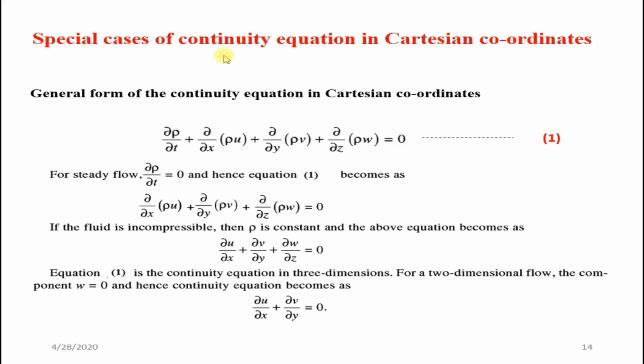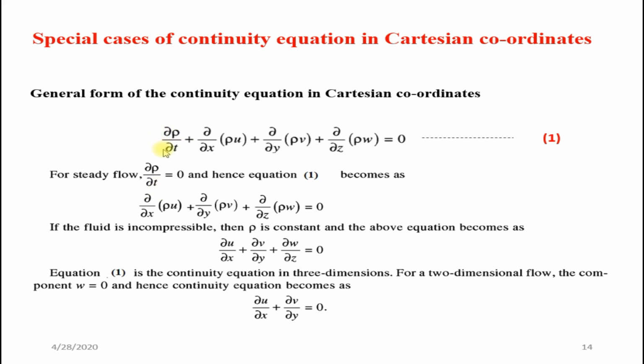Now for the special case, we can modify this equation for a steady flow. Steady flow means what? It is one type of flow in which the fluid parameters will not change with respect to time. The relevant property here is density, so ∂ρ/∂t equal to 0.